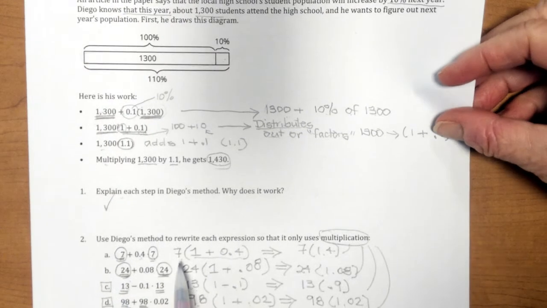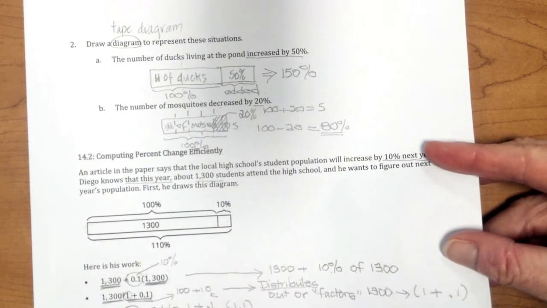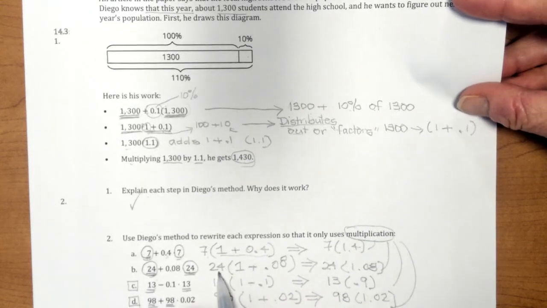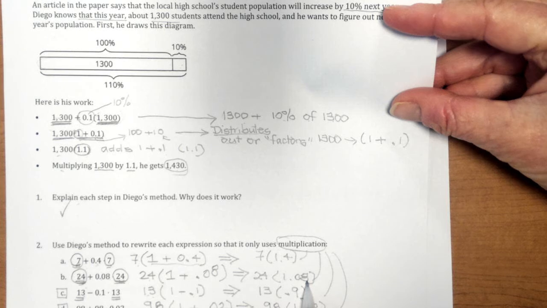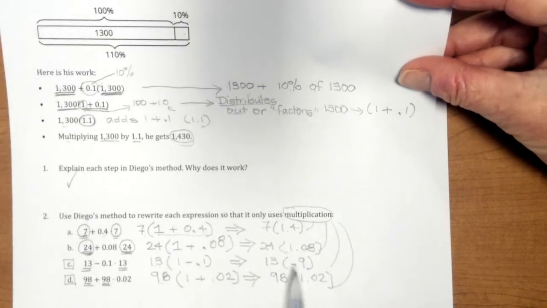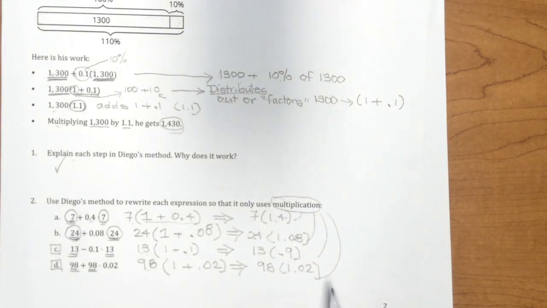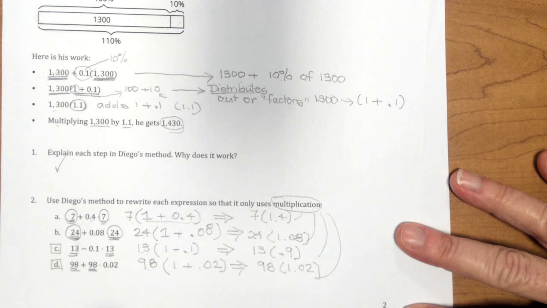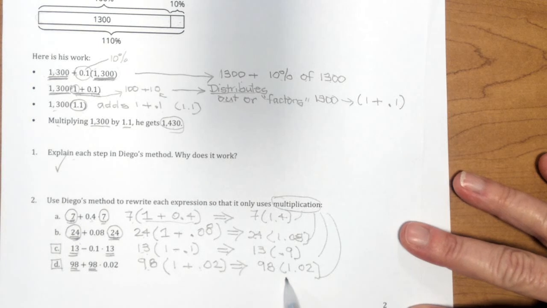So again, if this is saying I've got 7 and I'm going to have a 40% increase, I can say right here that I have 24 is being increased by 8%. I can say 13 is being decreased by 10%. And I can say that 98 is being increased by 2%.